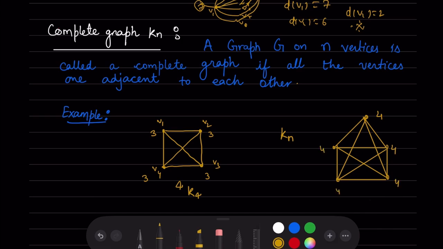If we have 5 vertices, the degree is 4; if we have 4 vertices, the degree is 3. In general, with n vertices, if we choose one vertex, it will be adjacent to n minus 1 vertices. So a complete graph is an n minus 1 regular graph. This is also an observation.